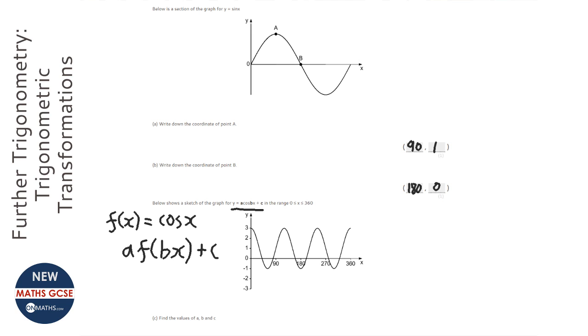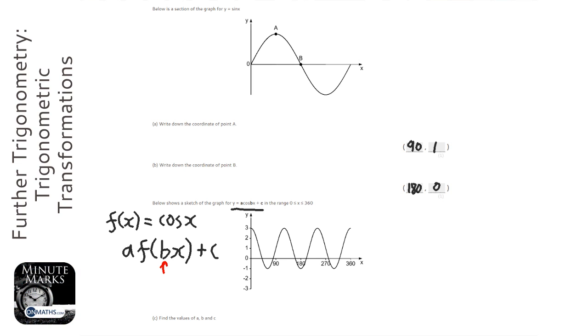So what do each of those bits do? Well, that affects the x coordinates. Basically that squishes it in if it's a number higher than 1, and it stretches it out if it's a decimal.